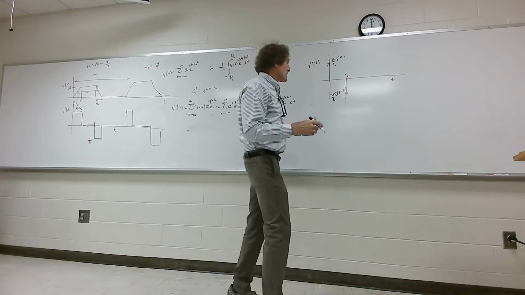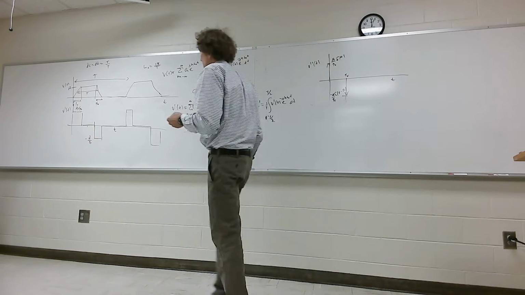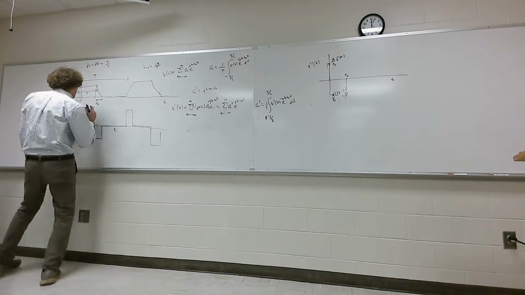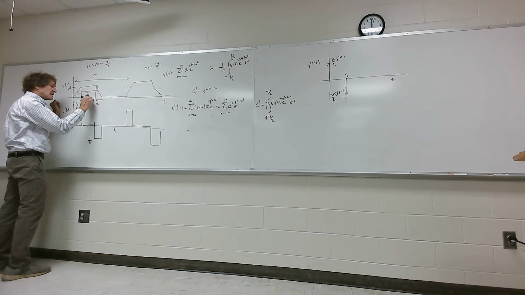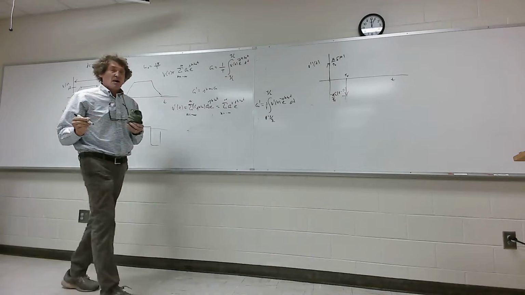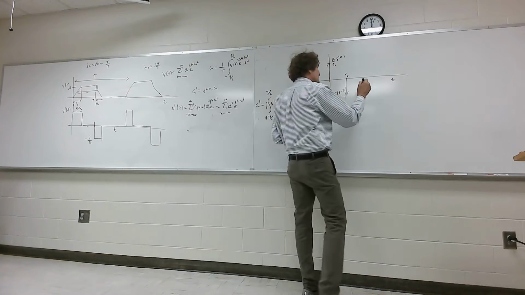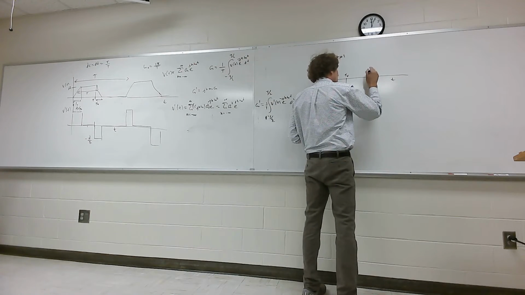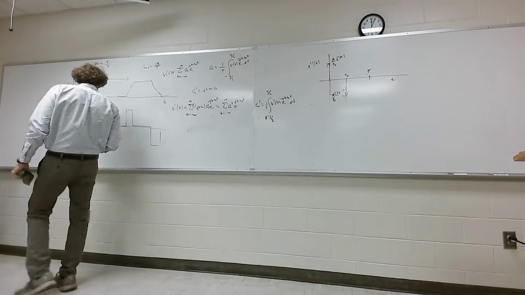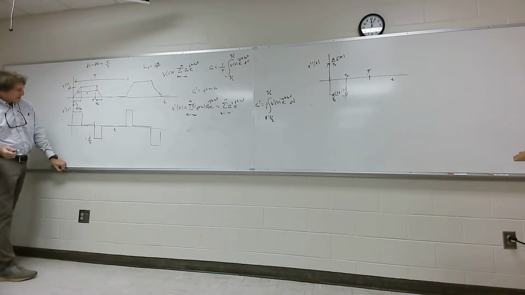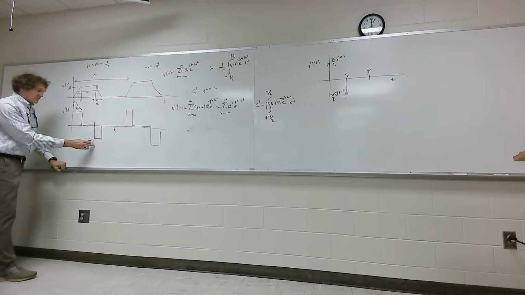Now you keep going, and once I hit this point, think about that. If that's tau, and you shift it to here, this point right here is actually tau. Now at tau, it goes down again, doesn't it? When t is tau, it goes from 0 to minus A over tau rise, so it's negative going.